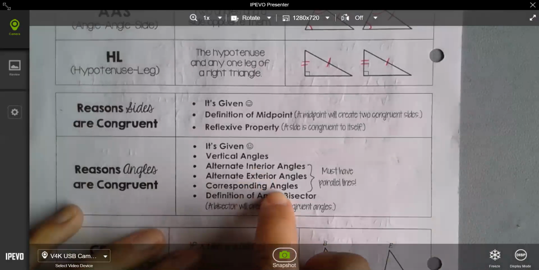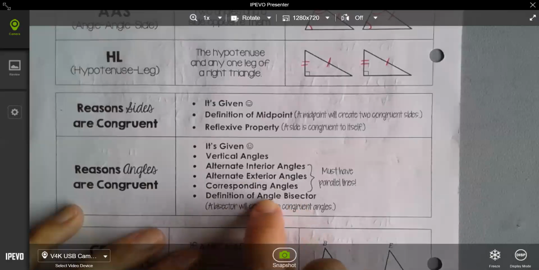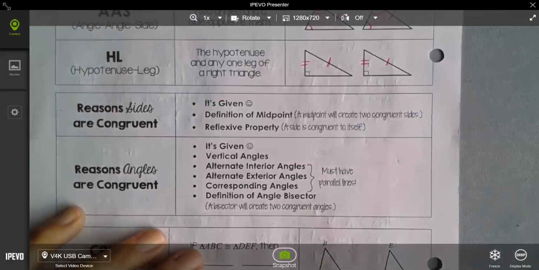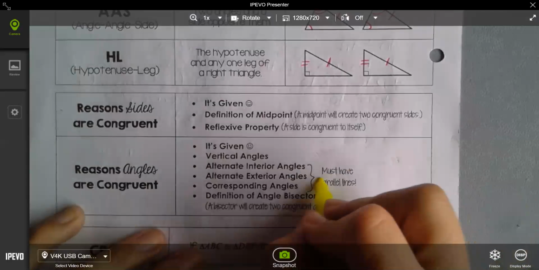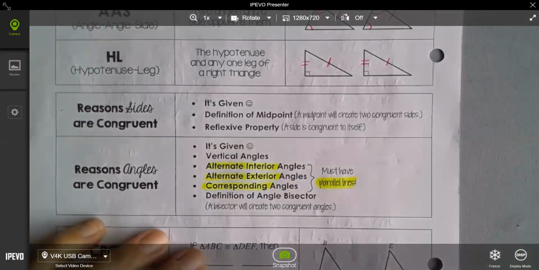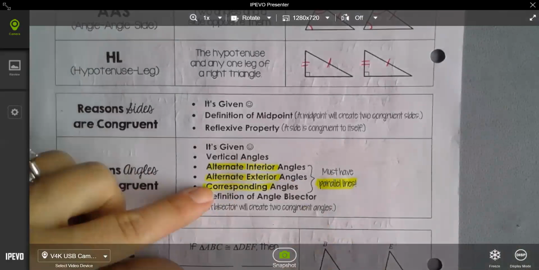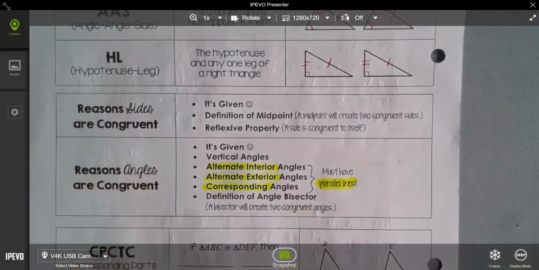Corresponding angles we've used twice, I believe. An angle bisector, just definition of bisector, those things we've used quite a bit. These ones are for parallel lines only. Everything else you are looking for just in your diagram. Parallel lines are going to give you those possibilities.